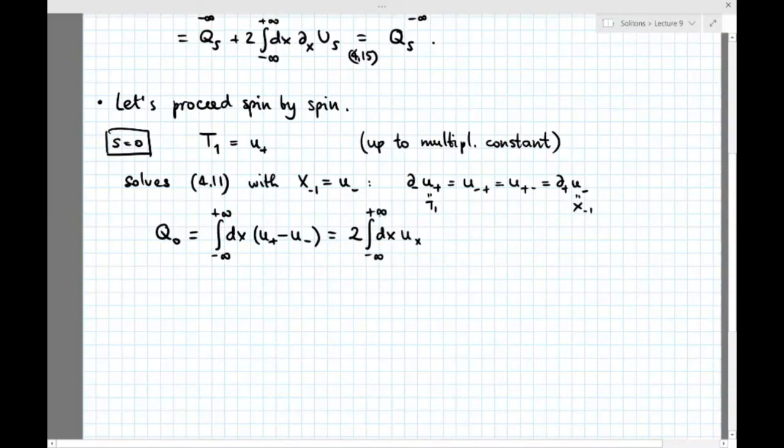So this gives us a boundary term: 2 times the value of u at plus infinity minus the value of u at minus infinity. And this is nothing but the topological charge, up to normalization.